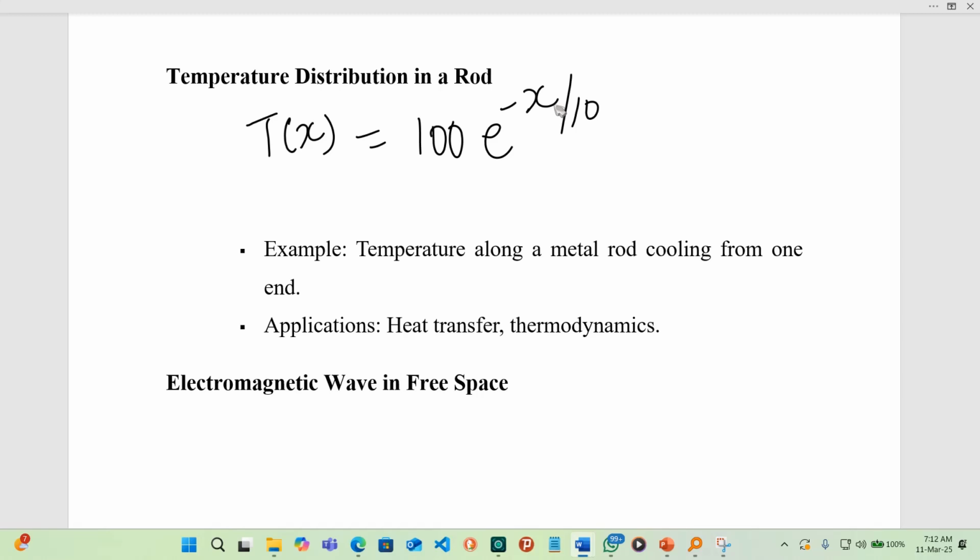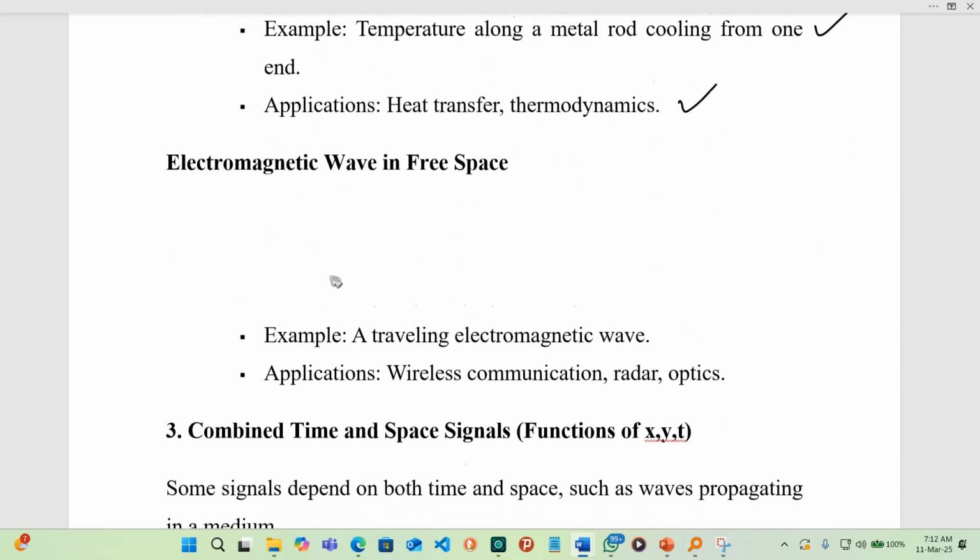So you can see this is dependent on the displacement from one point to the other in a metallic rod. So this is showing you how temperature is distributed from one point to the other on a metal rod, the temperature along a metal rod cooling from one end. So this is seen in heat transfer and thermodynamics.